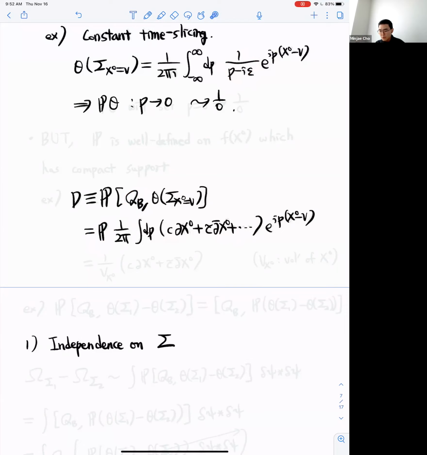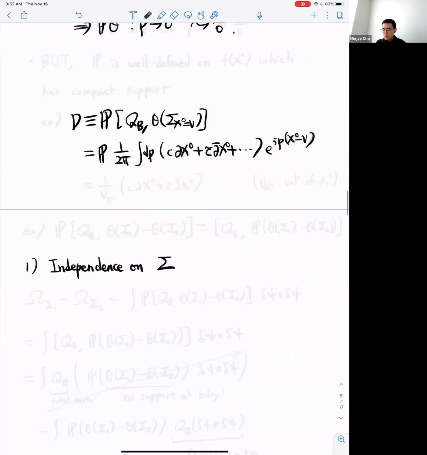And once we take the projection to the weight 0 part, it's again going to localize this P to be 0, but that is fine. And that's going to give rise to the 1 over the volume factor. Here, V of x naught is the volume of x naught. And we are left with this simple expression.